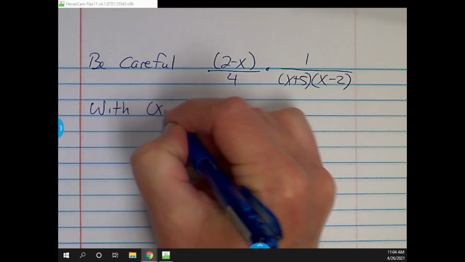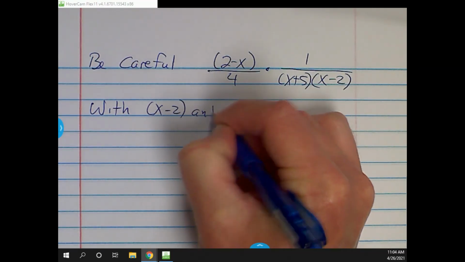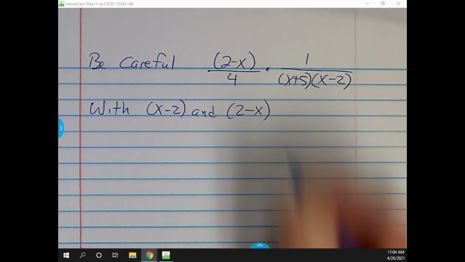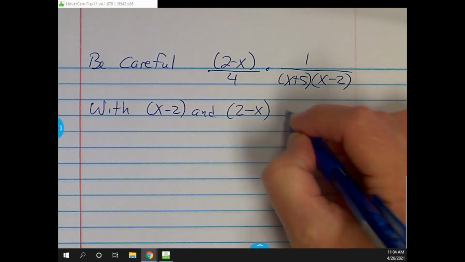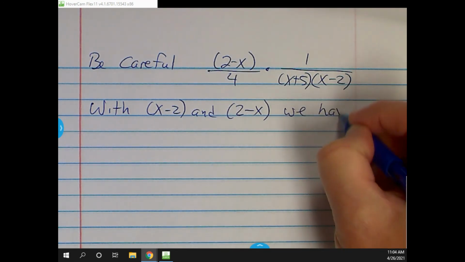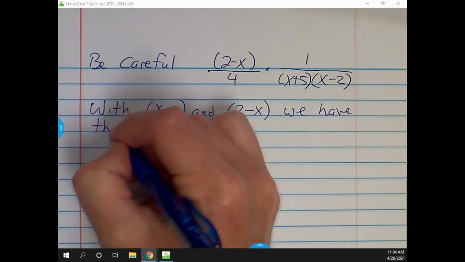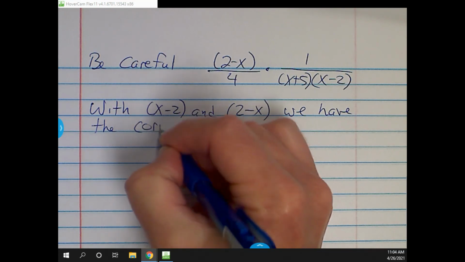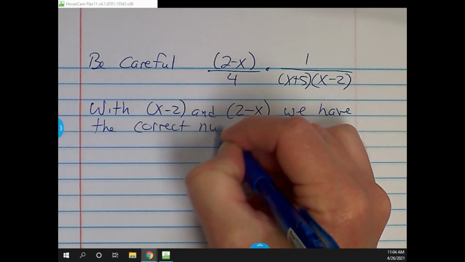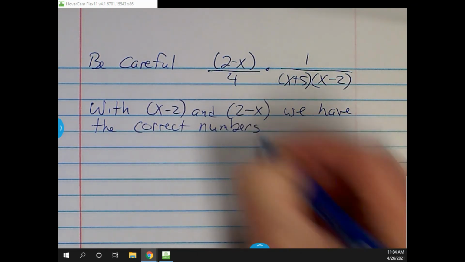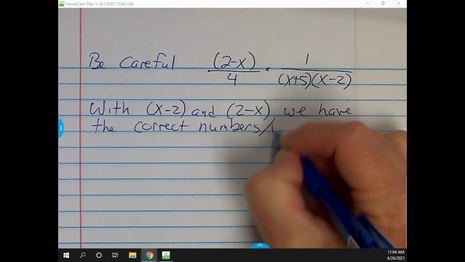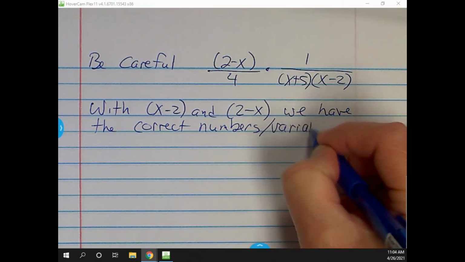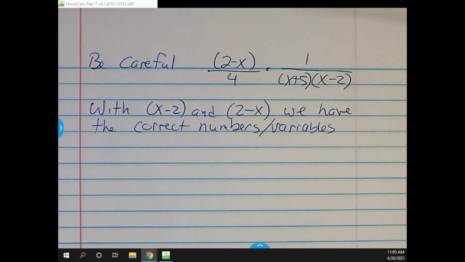With the x minus 2 and the 2 minus x, we have the correct numbers and variables, because they both got an x, they both got a 2.